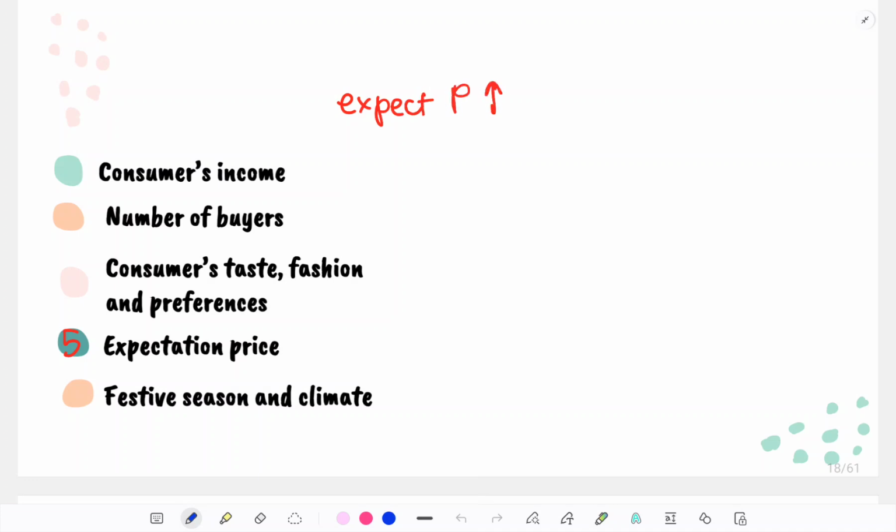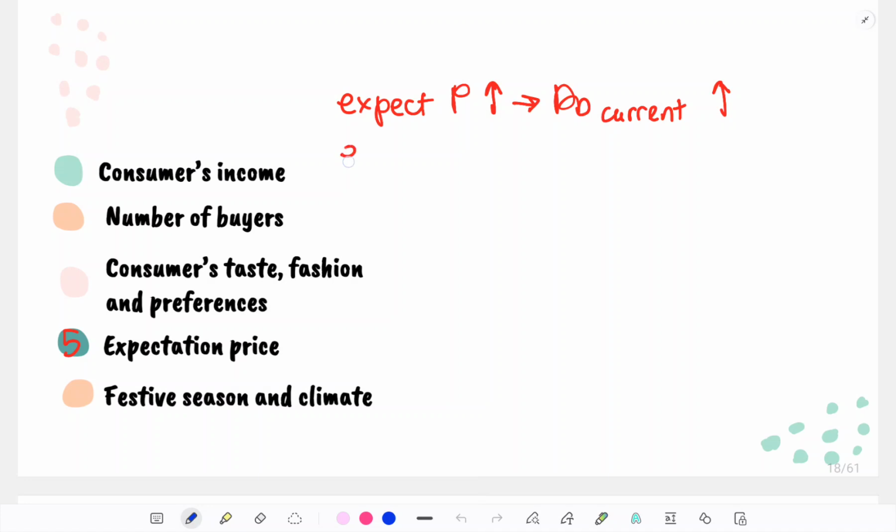We expect the price of movie tickets will increase by next week. You might quickly buy a few tickets now. So the demand increases right now. The current demand will increase even though the price has not changed. So our demand curve will shift rightwards.